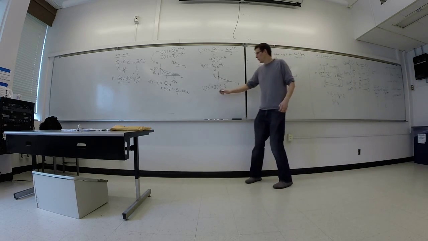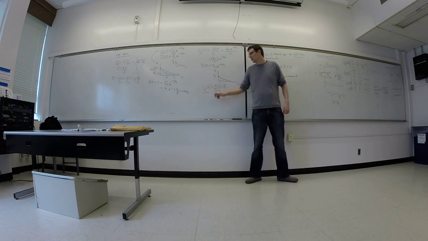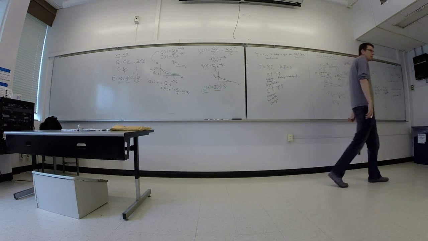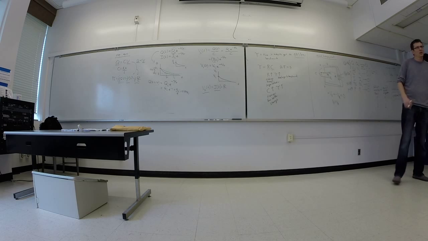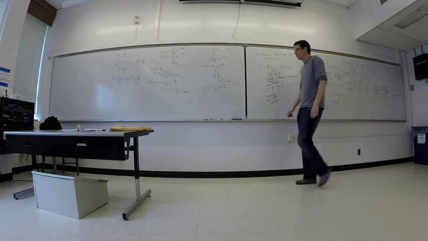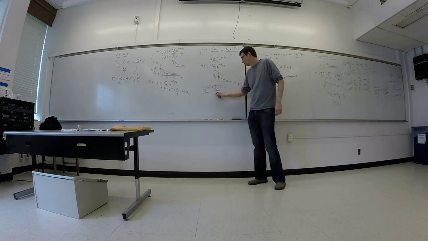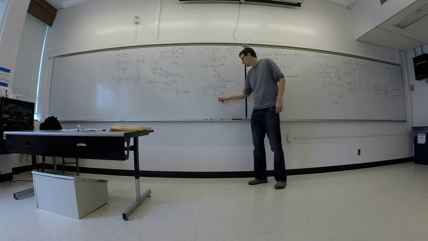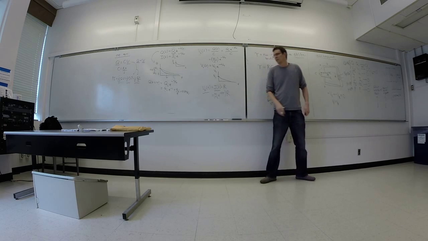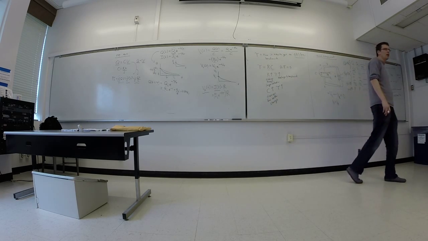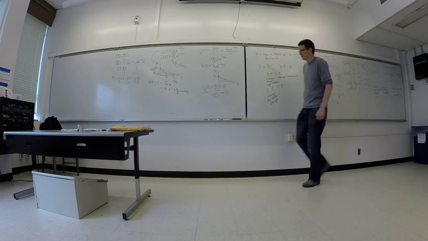As goes the current, so goes the voltage, and vice versa. The whole point of Ohm's law is those two are tied together in lockstep. So if I put in my current function, which I also gave you, all I have to do is multiply that by R, and I have my voltage function.